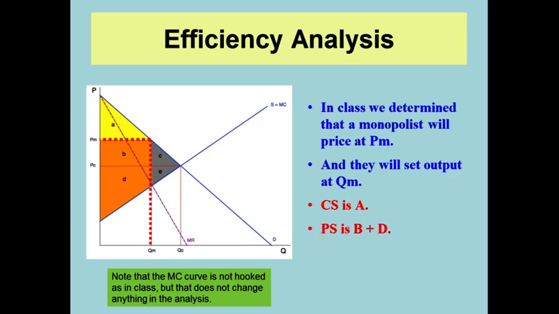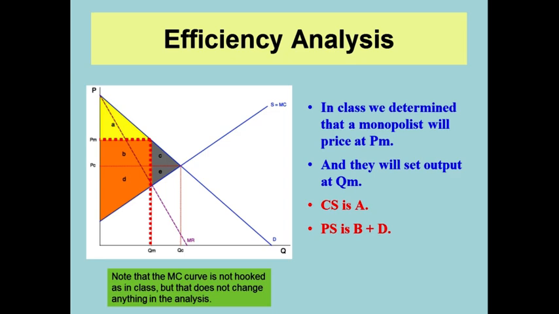Now producers are getting B plus D. Producer surplus is in orange. Remember, producer surplus is the difference between what they're going to be paid, which is PM, and their marginal cost curve.